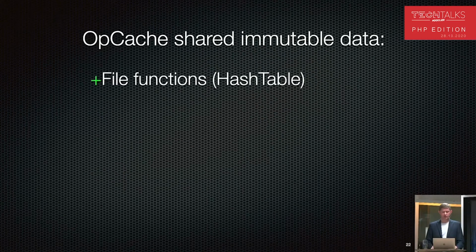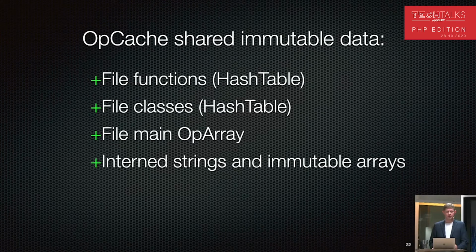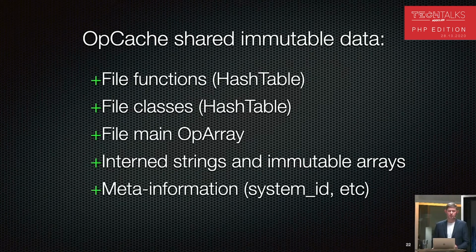But these structures contain only important information from our files. For example, definitions of our functions, definitions of our classes, the script in the form of opcodes, and some information like interned strings, immutable arrays, and information about the PHP version.